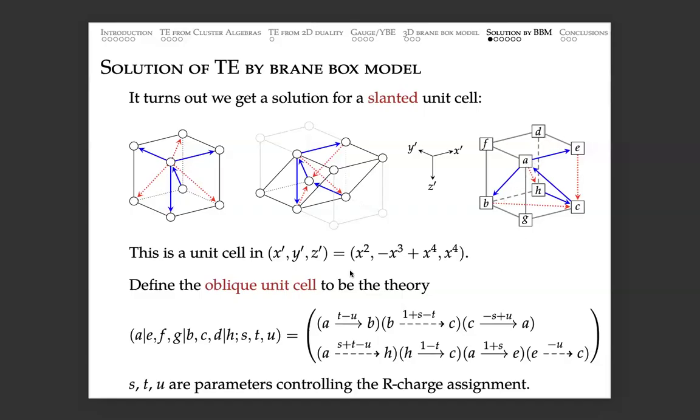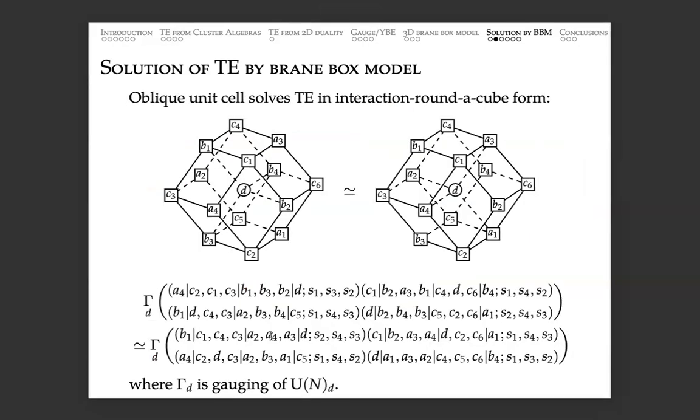There are also some parameters you can introduce here, which control the charges under the U(1)_R symmetry. There are actually three parameters you can introduce for this theory, and these parameters play the role of spectral parameters.